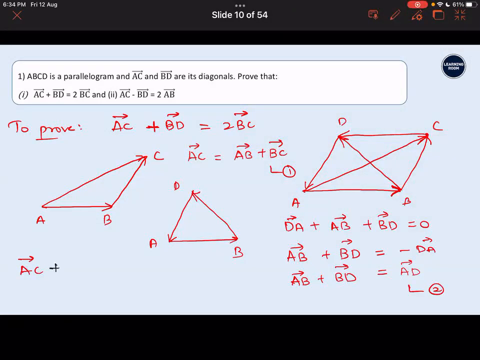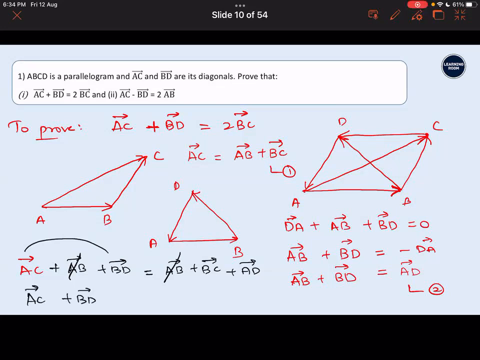AC vector plus AB vector plus BD vector is equal to AB vector plus BC vector plus AD vector. Is that point clear? So what will get cancelled? AB vector and AB vector are gone. So I have AC vector plus BD vector is equal to BC vector, which is to be proved. But I also need to prove that AD vector is equal to BC vector.